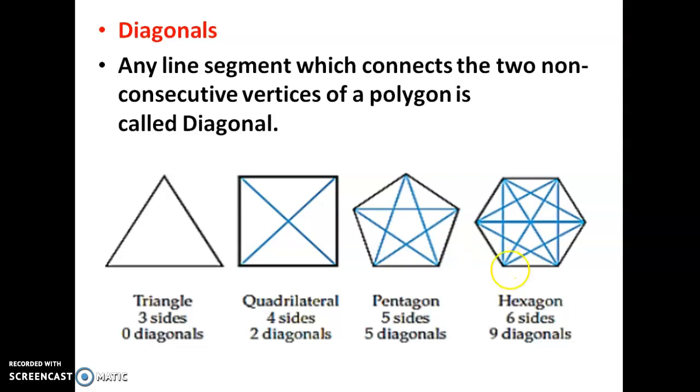And this is for the hexagon. You can join like this. For a triangle, you don't have a diagonal. Why? Because for this vertex, this is consecutive, this is also consecutive. Then no other vertex is there which is non-consecutive. So you can't draw a diagonal for a triangle. Understood?